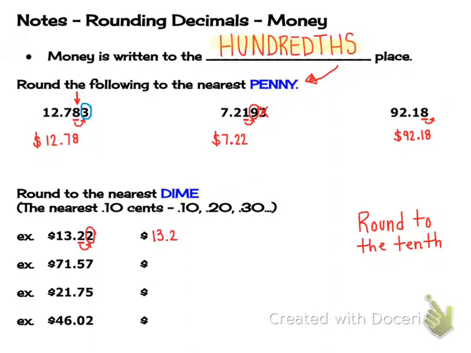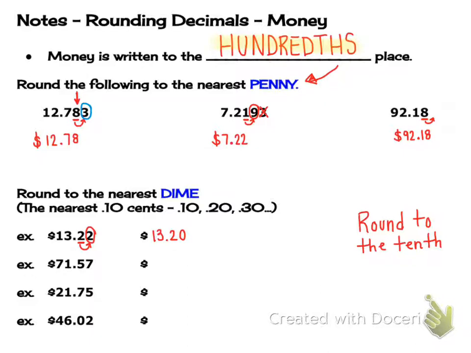You're not rounding specifically to the 10th and stopping. It still has to be written as dollars and cents. You're just looking at the 10th to see which dime it's closest to. So you have to put that 0 in there to show it's $13.20, which makes sense because 22 cents is closer to 20 than it is to 30.